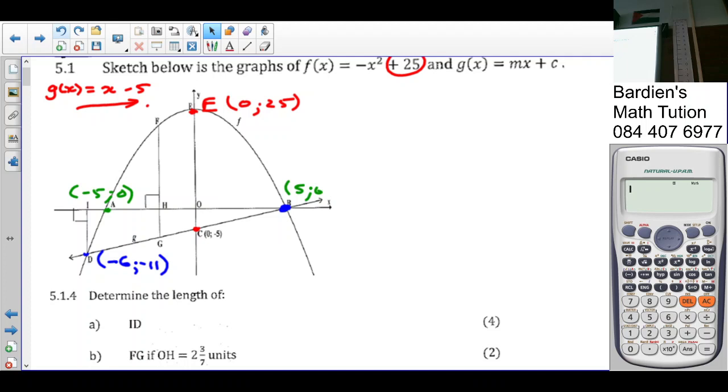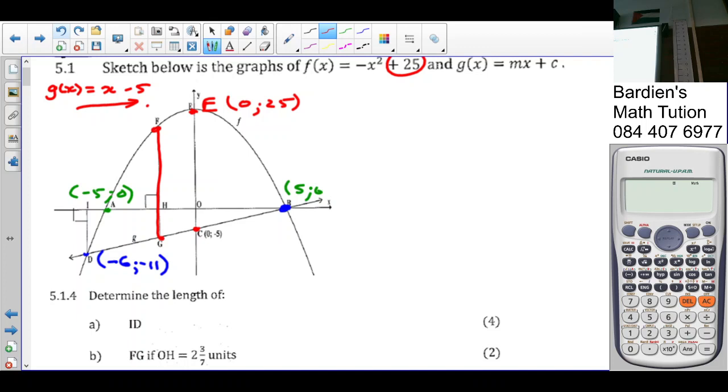If OH is 2 and 3/7, let's find FG. FG is basically the distance between two graphs, provided that the parabola is on top of the straight line.